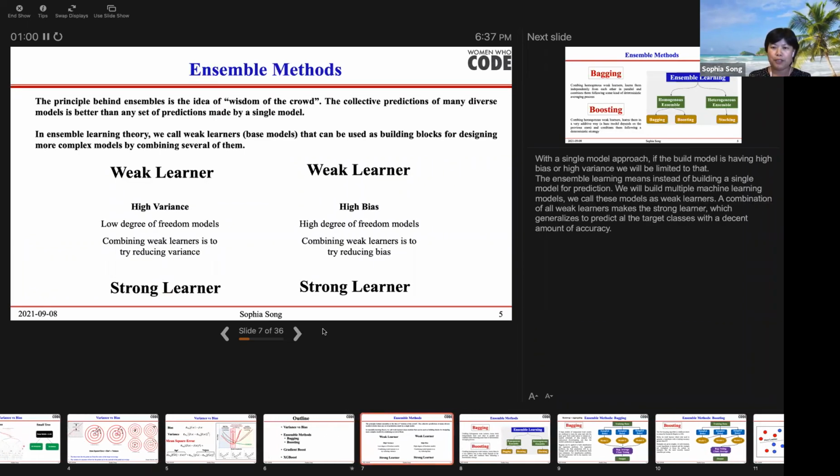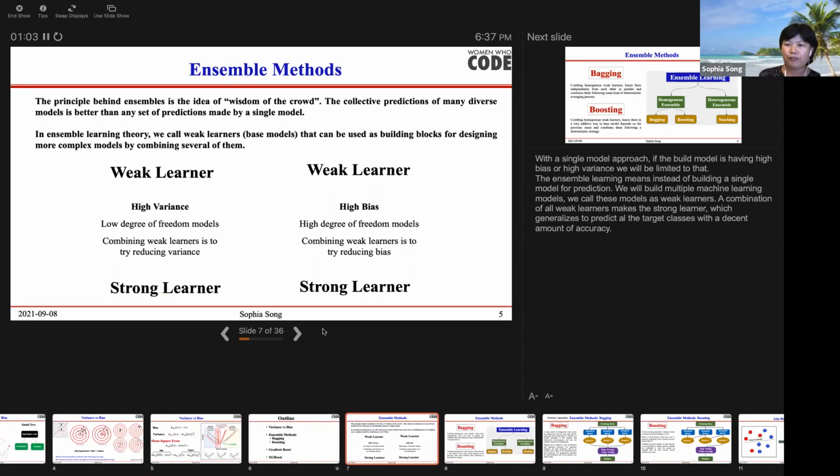With a single model approach, we may suffer from high bias or from high variance, as I introduced in the previous session. In order to overcome this limitation, very smart people created this ensemble method.